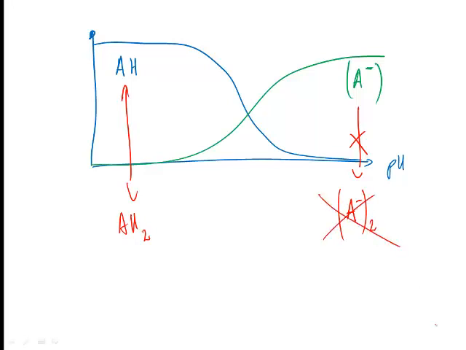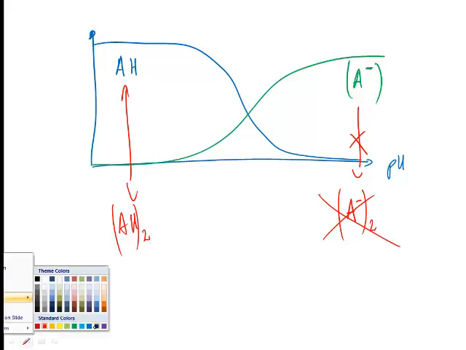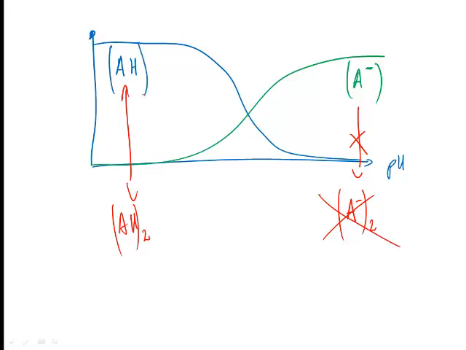That doesn't exist. So the only way for an acid to partition is for it to be in the neutral, protonated form, so that is at low pH.